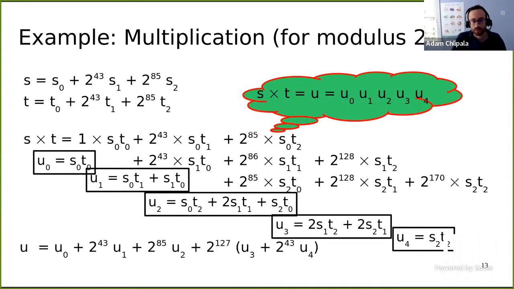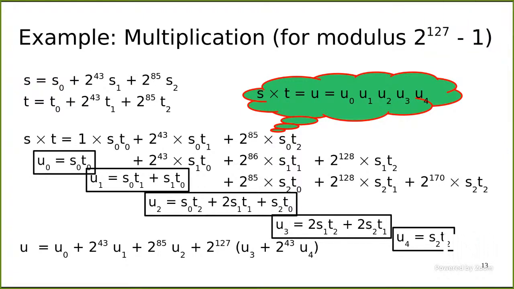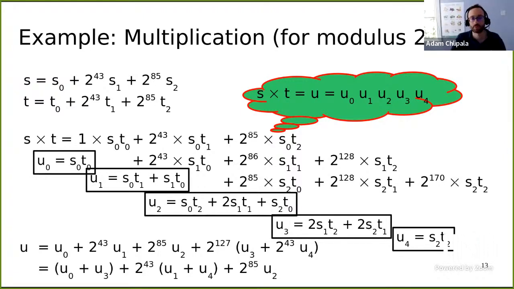And then we can use this formula to explain how we would reassemble those digits into the big number, where I've grouped the last 2 with a factor of 2 to the 127, which is significant because that number is congruent to 1 in this modulus. So that lets us actually redistribute those last 2 digits into the appropriate positions of the lower powers of 2.